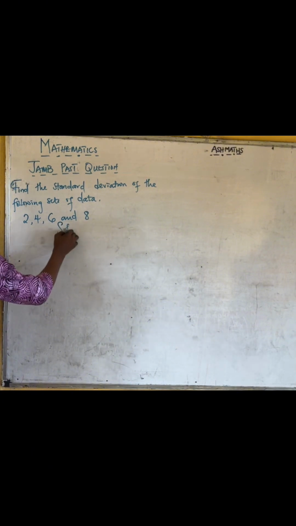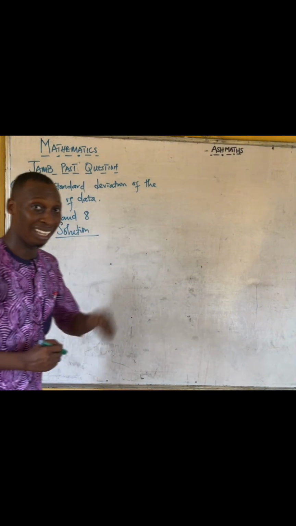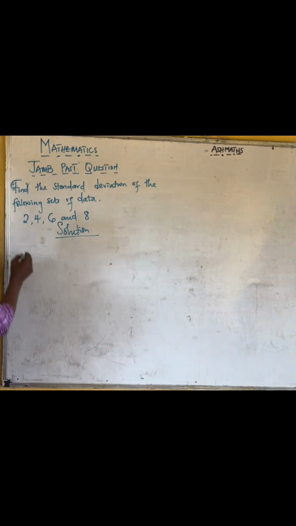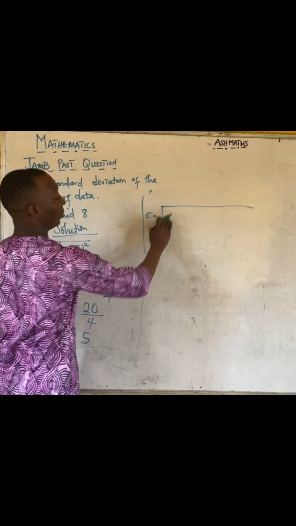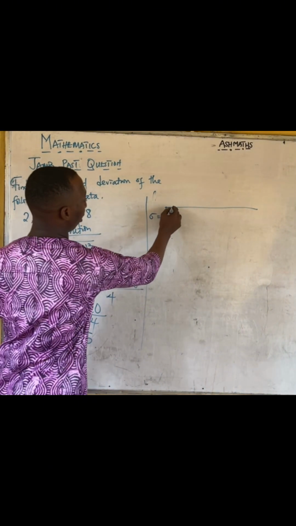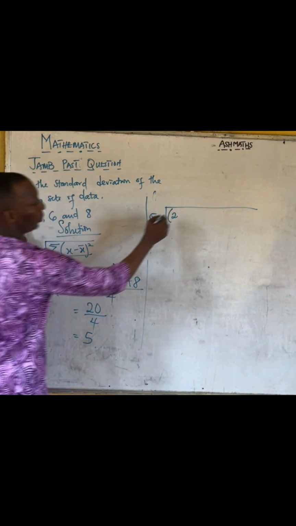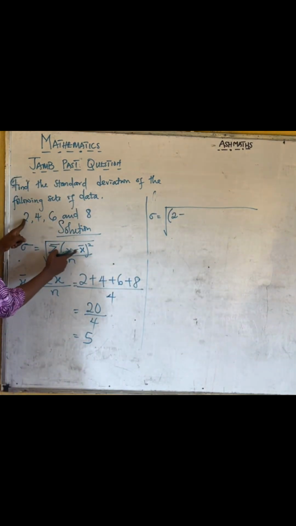First of all, let me show you the formula for ungrouped data. Listen, for ungrouped data, the standard deviation is equal to this. The first item is 2 minus, don't forget, x minus x bar.